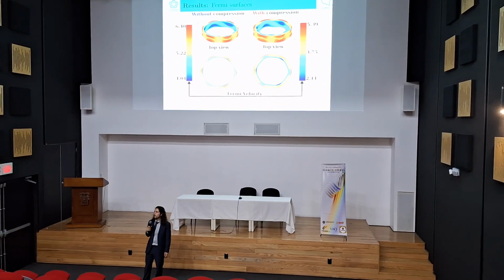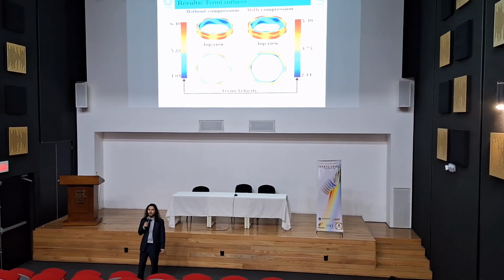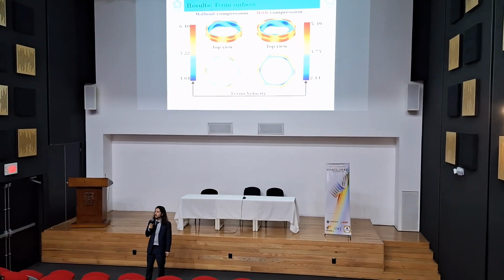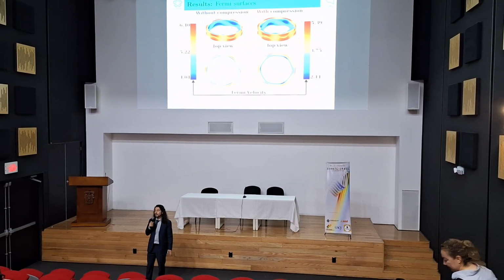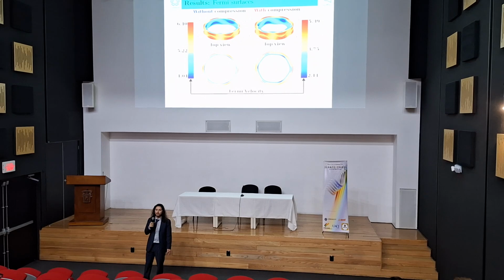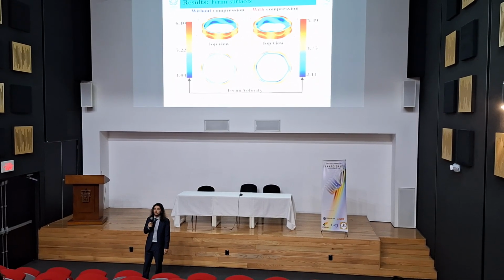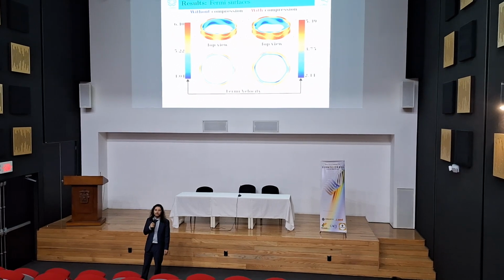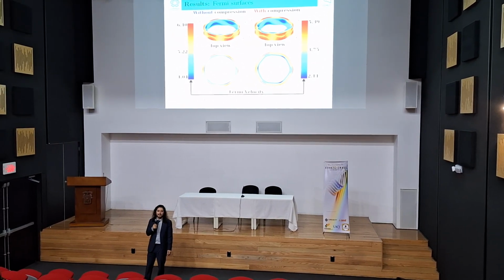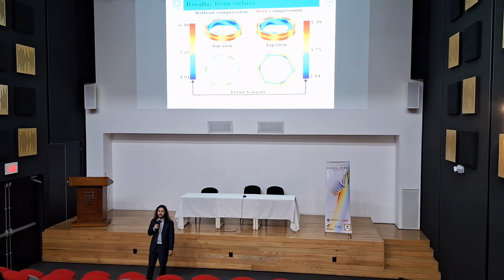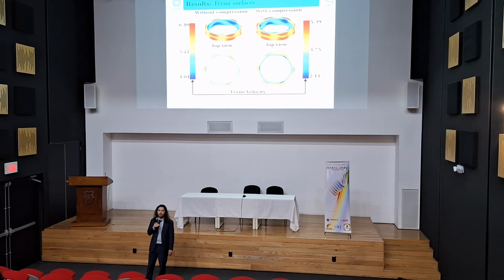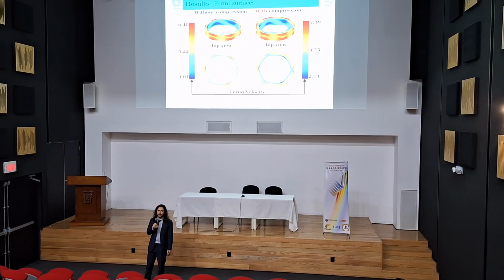Next, please. The Fermi surface was calculated, and the Fermi surface shows the electronic properties of metals. In this case, the Fermi surface showed a cylindrical shape, which means that the conduction in the material is through a quasi two-dimensional space.